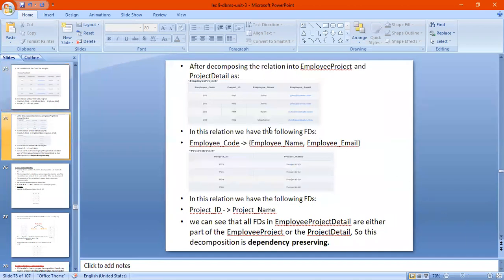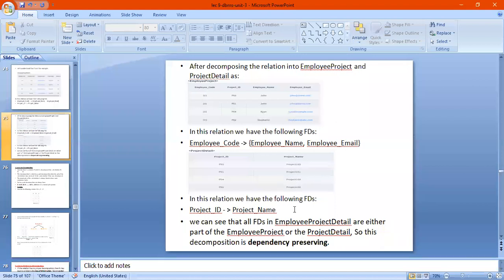Next, after decomposing the relation into employee project and project detail, as I have told before, employee project has employee code, project ID, employee name, and employee email. In this relation, we have the following functional dependency: employee code determines employee name and employee email.